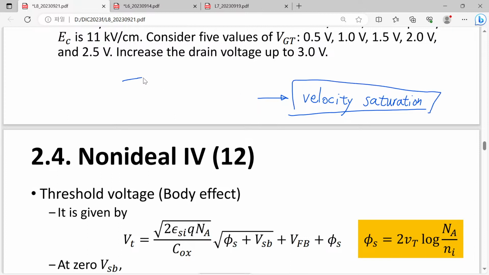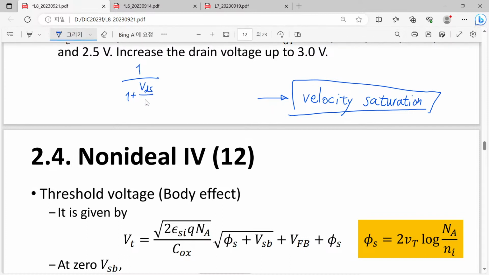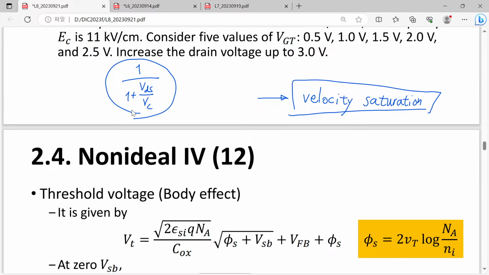Of course, we have a factor like 1 plus VDS over VC. We have an additional factor for reduction of drain current. So reduction of drain current is important when we have a higher electric field, not approaching zero.